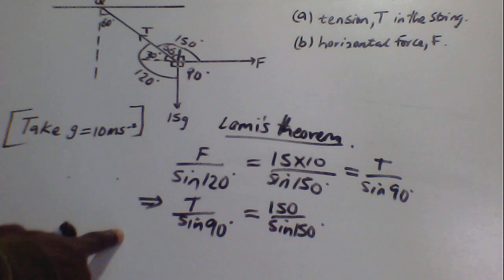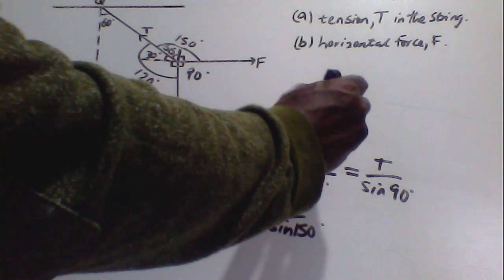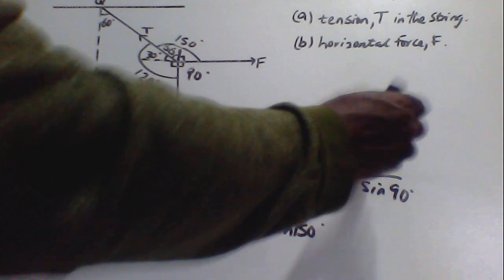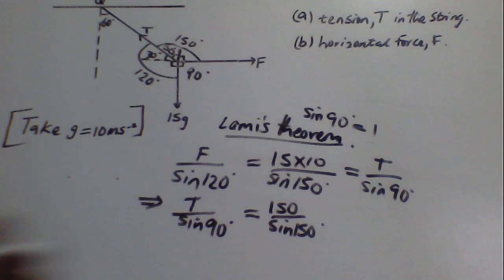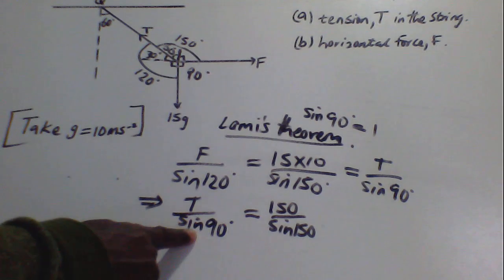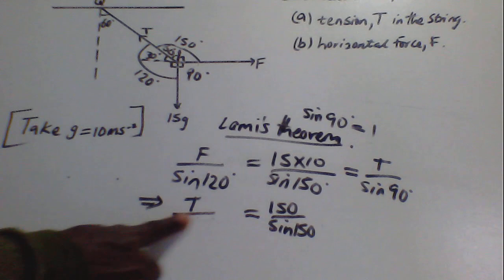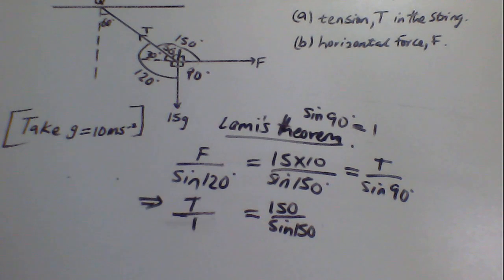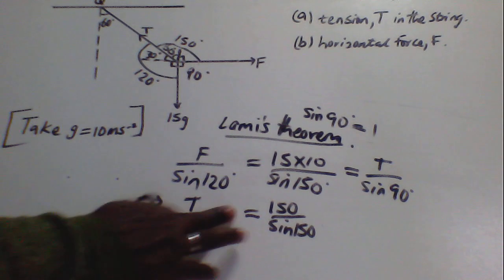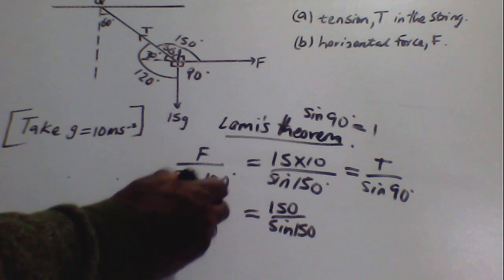And when you use your calculator, you will see that sine 90 degrees is equal to 1. So since sine 90 degrees is equal to 1, this is like dividing by 1. And any number or variable divided by 1 is still the number or variable. So this is equal to T.